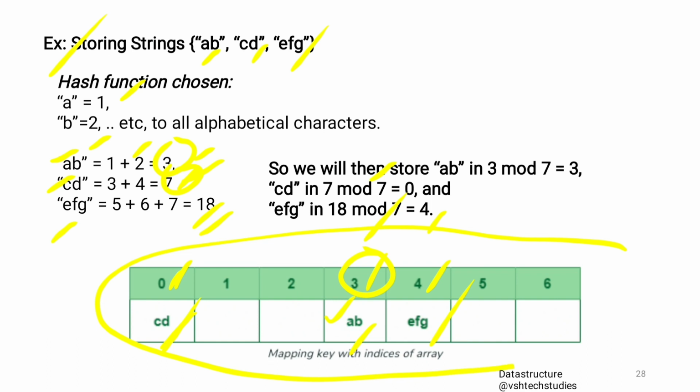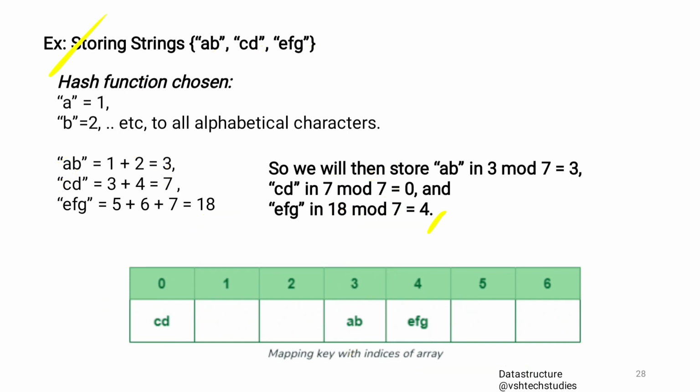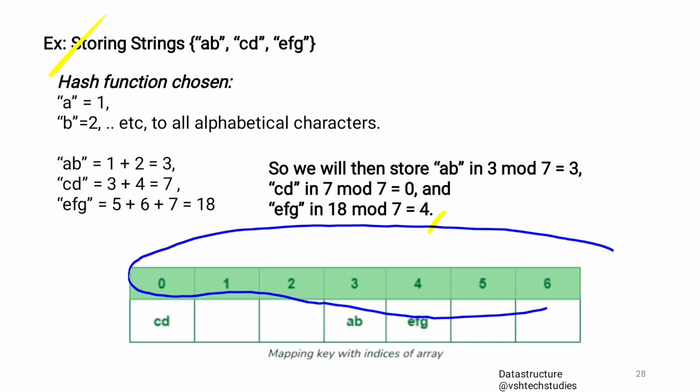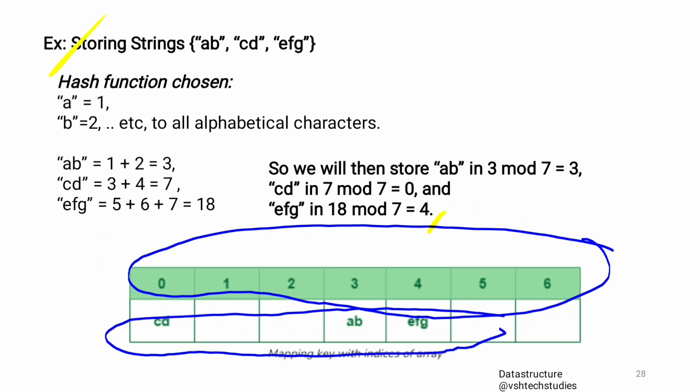This is how the 7 memory locations are used. The maximum size chosen here is 7, hence that is used for the mod operation. The hash function utilized here treats A as 1, B as 2, and so on. In different applications, different hash functions will be chosen, but storing is always this key and this data value. Key value pairs will be stored. That is what the hash data structure or hashing data structure is.